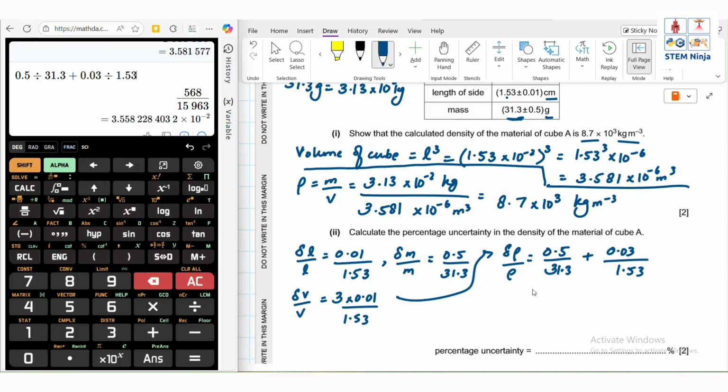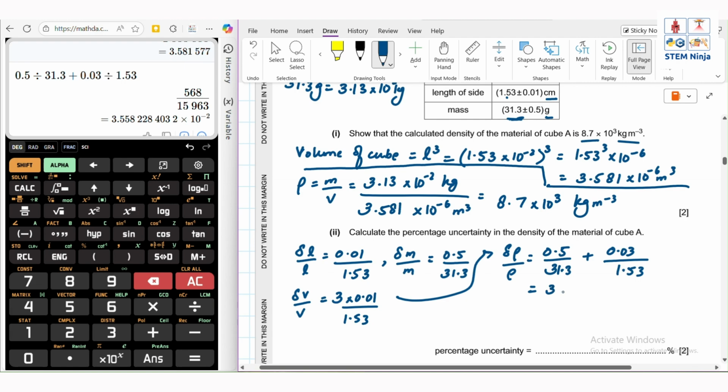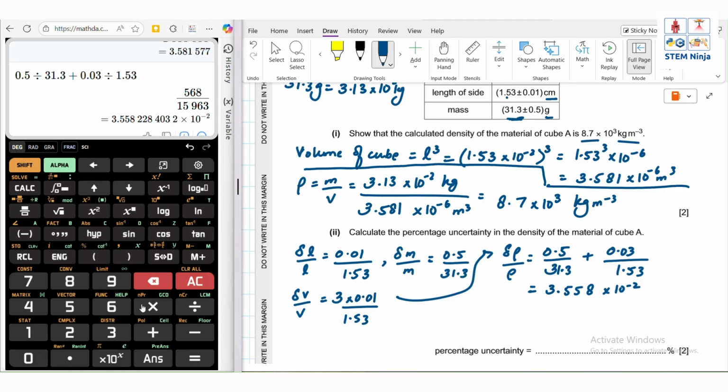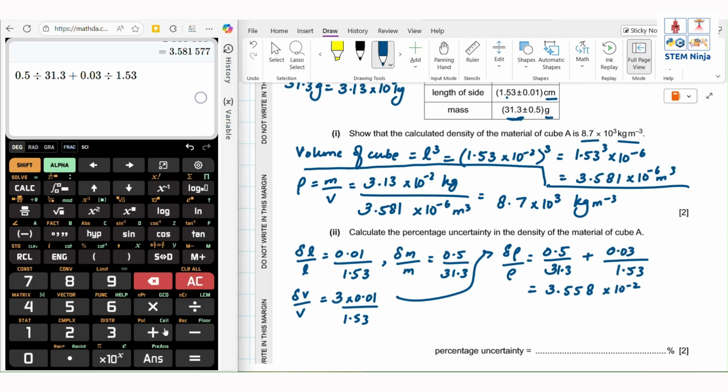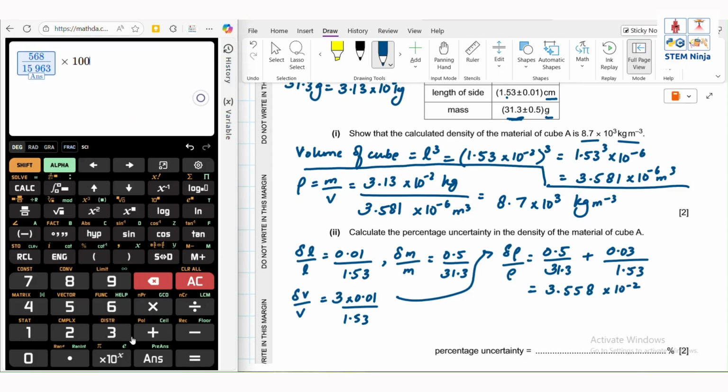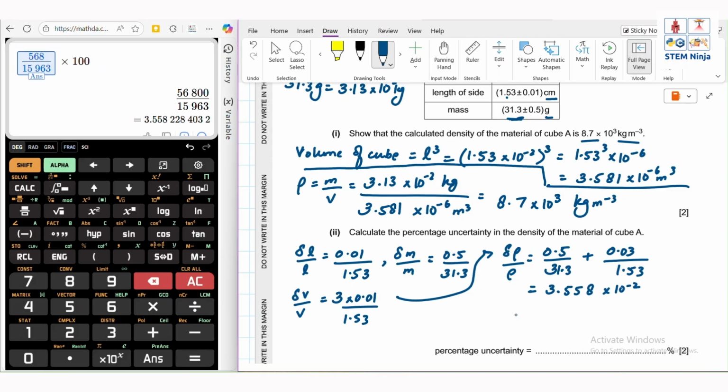This is the value, 3.558 × 10^-2. And when we multiply this by 100 to get a percentage, this would be 3.558%, so roughly 4%.